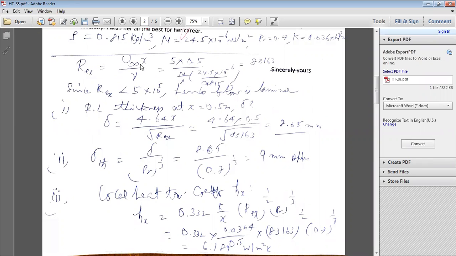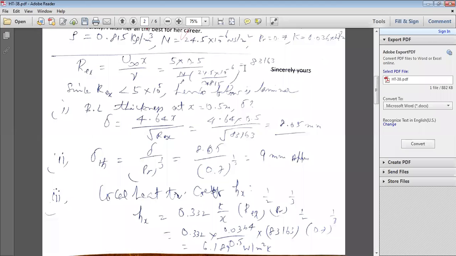So with free stream 5 meters per second and x at the given value of 0.5 meters, divided by kinematic viscosity, which is equal to dynamic viscosity mu by rho. So mu value 24.5 times 10 power minus 6 divided by density of the air, 0.815.